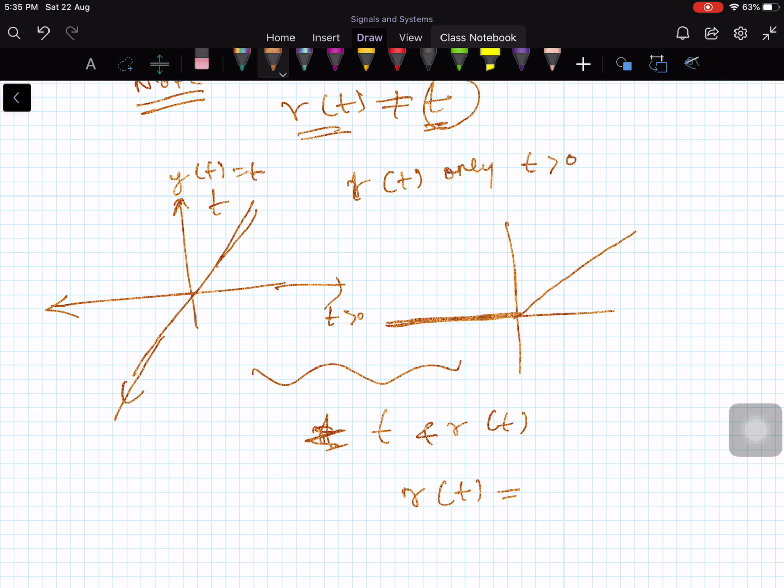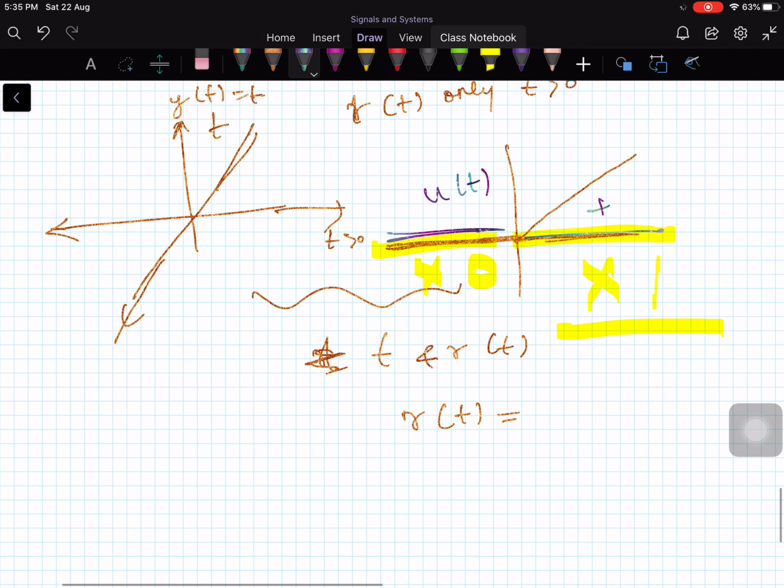You multiply this portion by 1 and this portion by 0. There is one signal which has 1 on the positive side and 0 on the negative side. That one is u of t. See, u of t has 0 value when t is less than 0 and plus 1 when t is greater than 0.